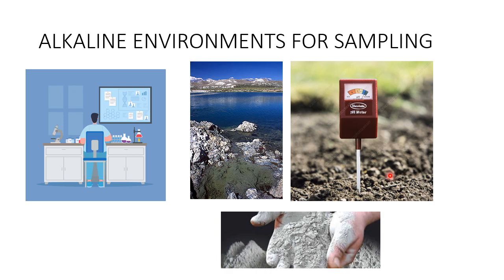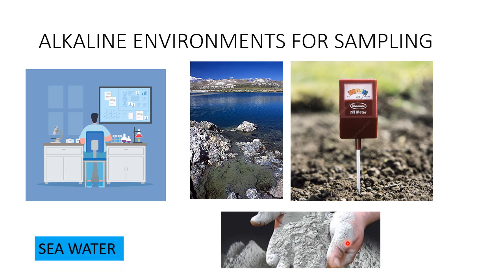Second one is a very arid region, that means dry regions, they mostly have such kind of alkaline pH soil. Then next is cement kiln dust, that is actually a byproduct of a cement manufacturing plant which contaminates the nearby soil or groundwater. So you can go for samples from a nearby cement plant.